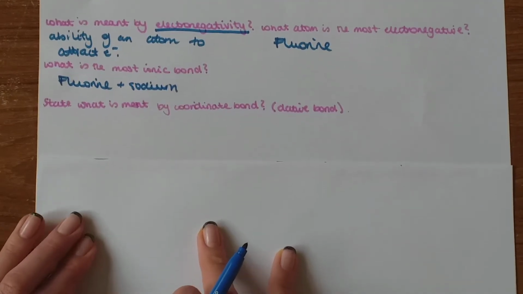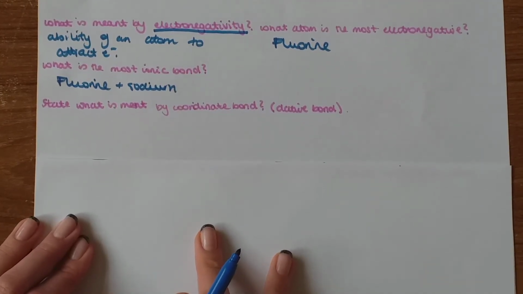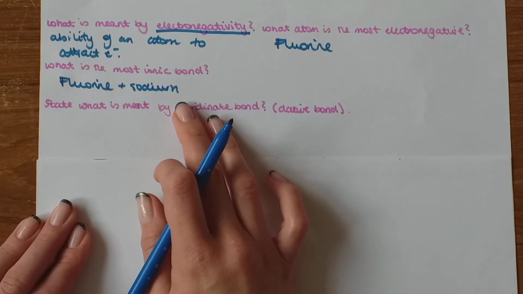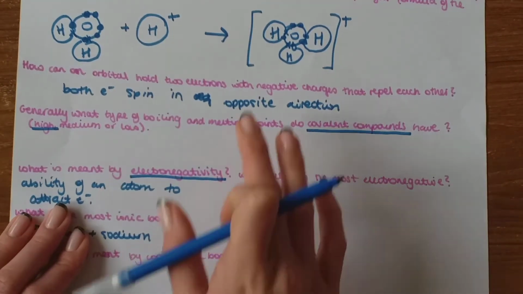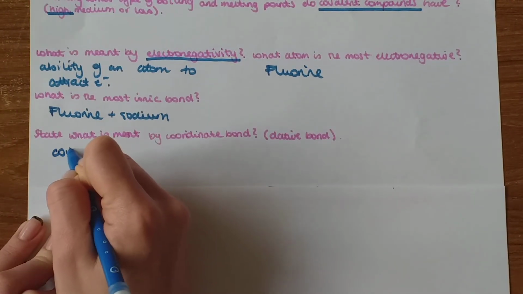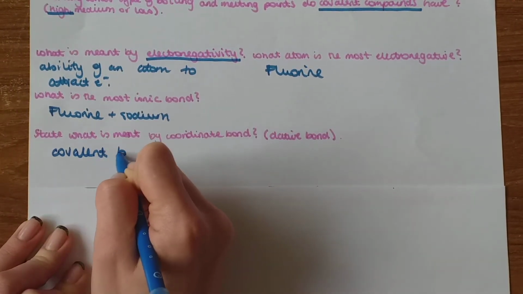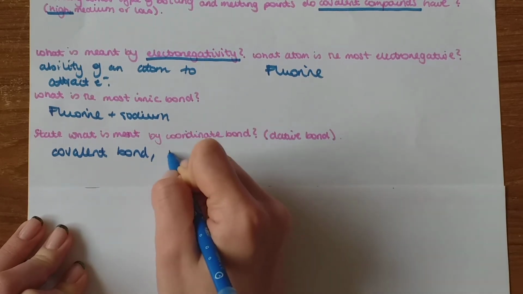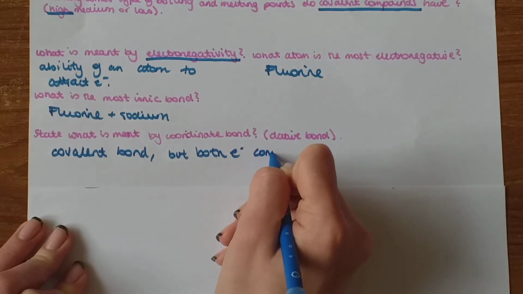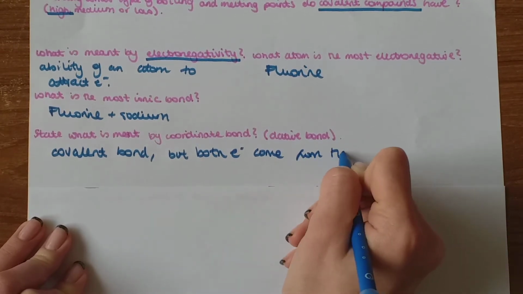So the next question says, state what is meant by coordinate bond, dative bond. So as I told you before, with a water molecule, a coordinate bond is basically a covalent bond because the electrons are shared, but both electrons come from the same atom.